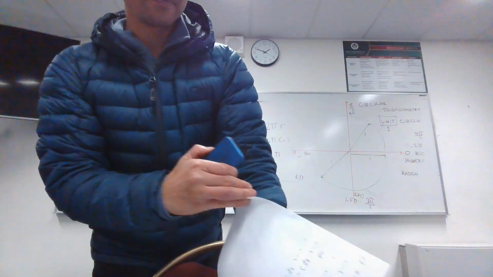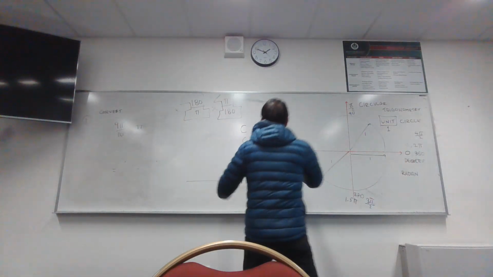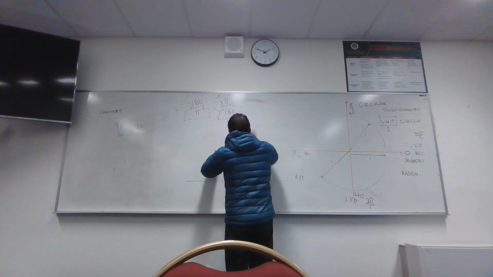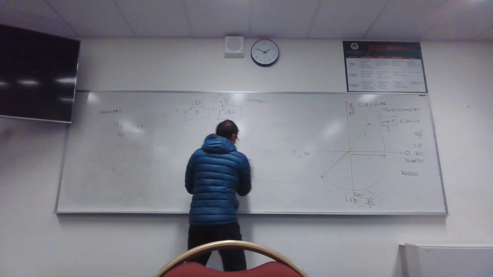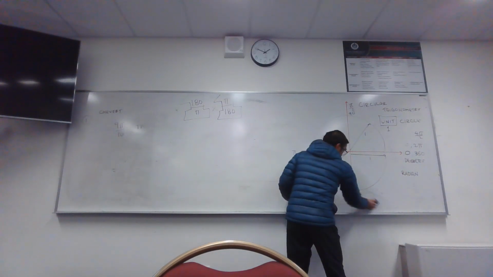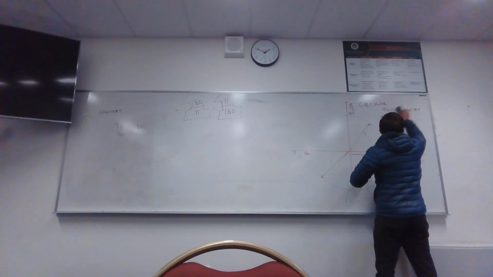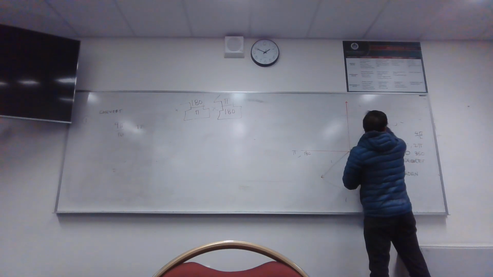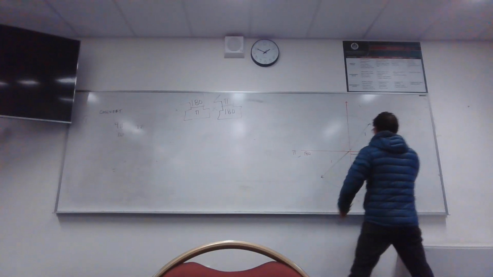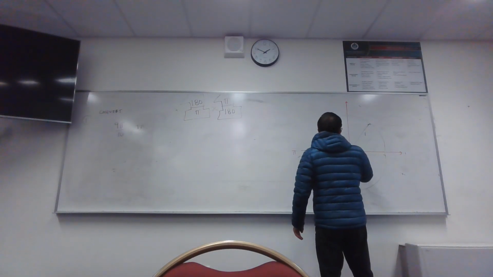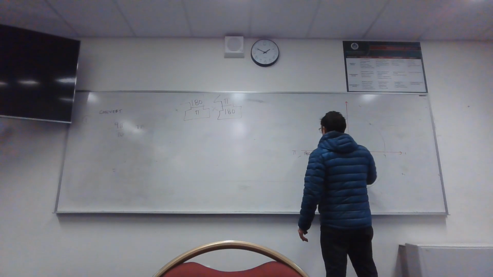This might, we'll see how you go with this. If this does not make sense, I will repeat myself 1,000,000 times for you. Okay, we're still dealing with unit circle.